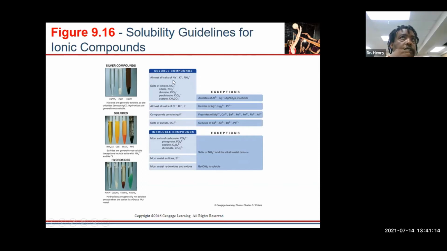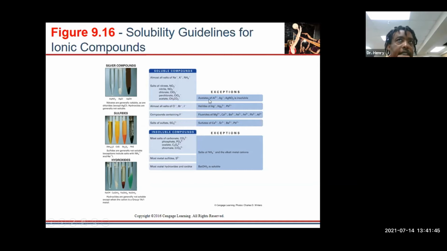Almost all salts of sodium, potassium, and ammonium are soluble. Salts of nitrates, nitrites, chlorates, perchlorates, and acetates are almost always soluble. Almost all salts of chloride, bromide, and iodide are almost always soluble. And then these are some of the exceptions.